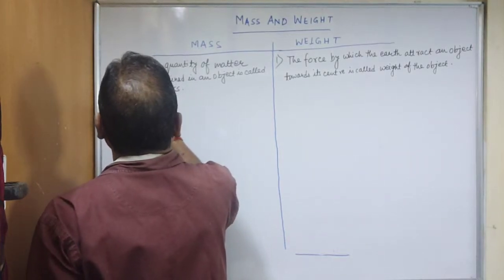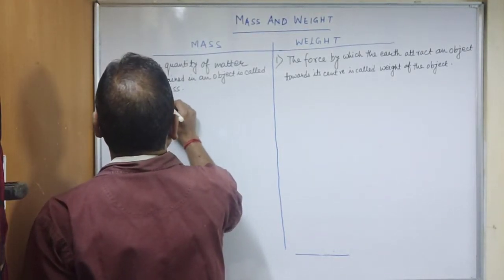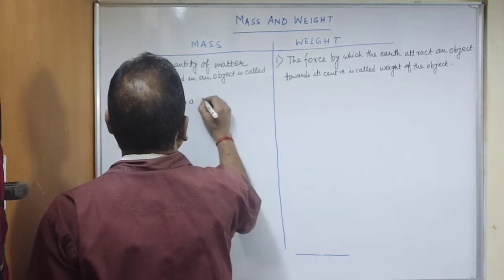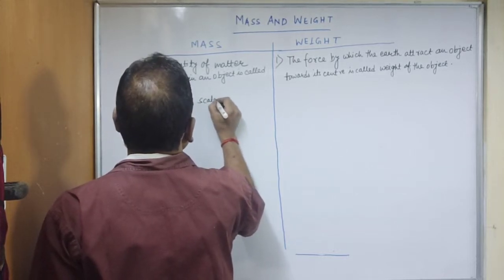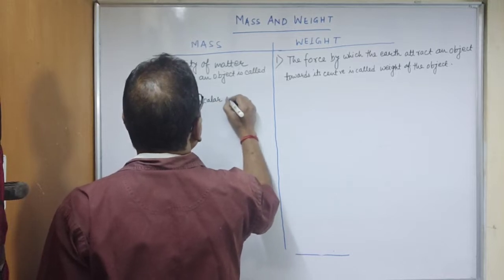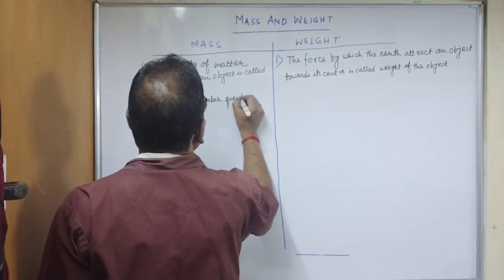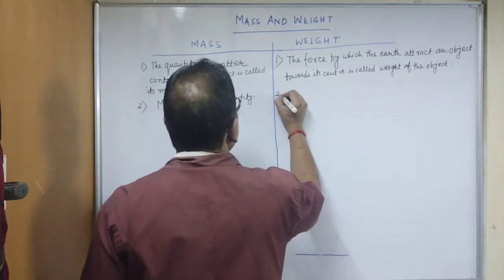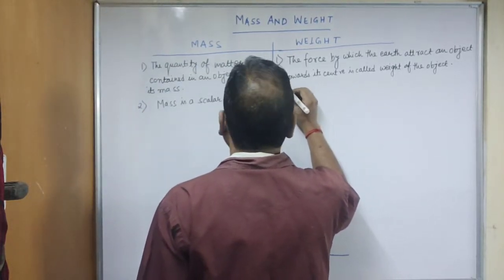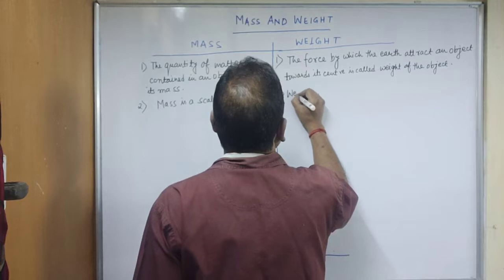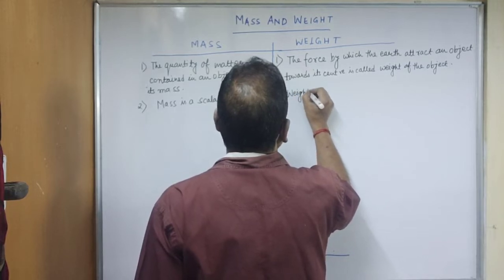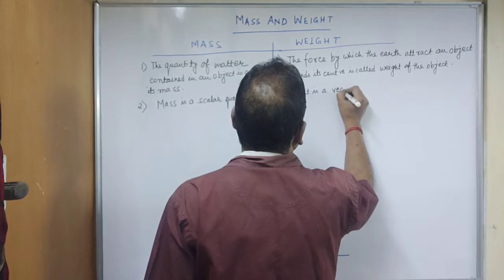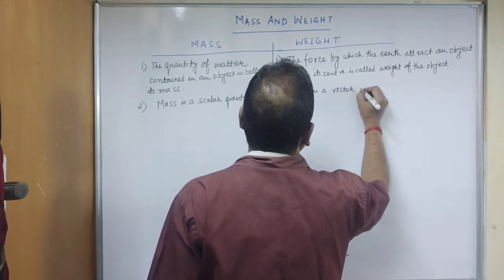that mass is a scalar quantity. For weight we will write: weight is a vector quantity.